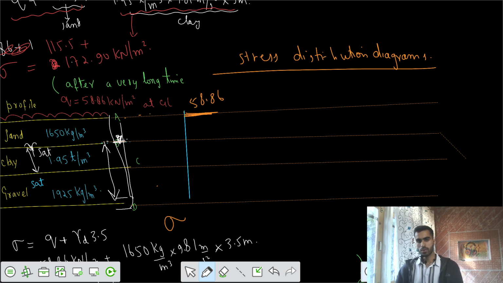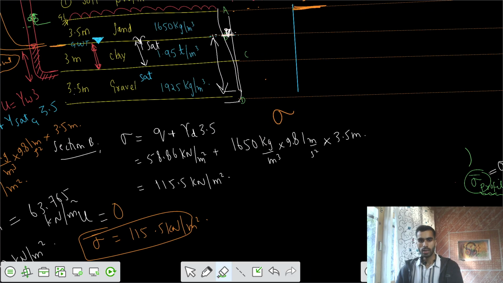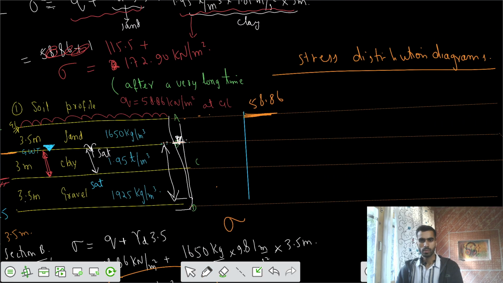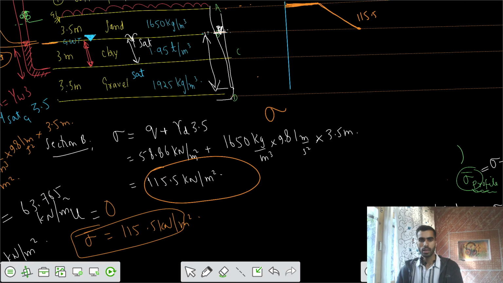What is the stress we got at point B? That's 115.5. Let's say that 115.5 is somewhere here. So I would have that linear variation, because you can see the equation y equals mx plus c.